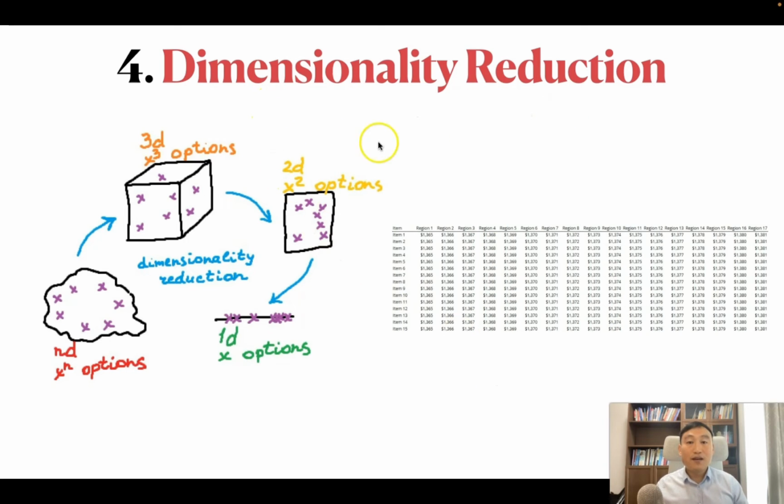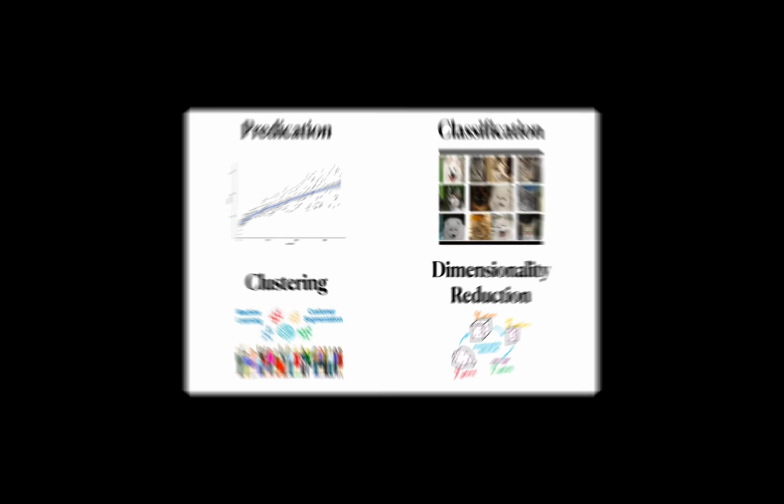Dimensionality reduction is a technique to reduce the input variables in a dataset so that the algorithm can be faster and more accurate. If we could reduce a 3D problem into a 2D problem and into a 1D problem, that would be a lot easier. You could say dimension reduction is a step in machine learning, but it is very important.